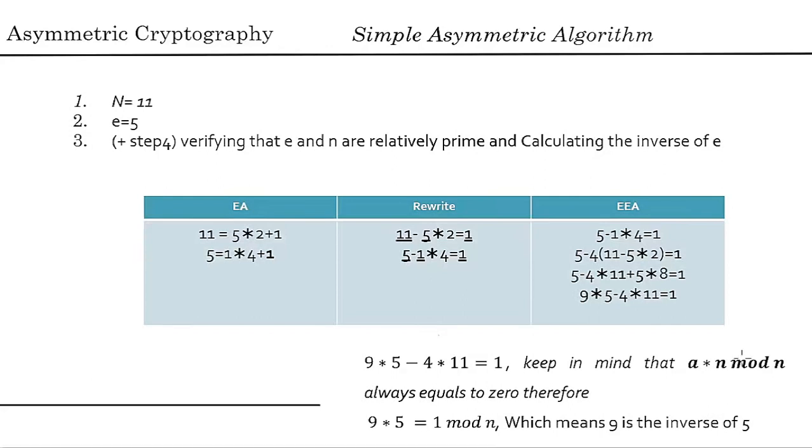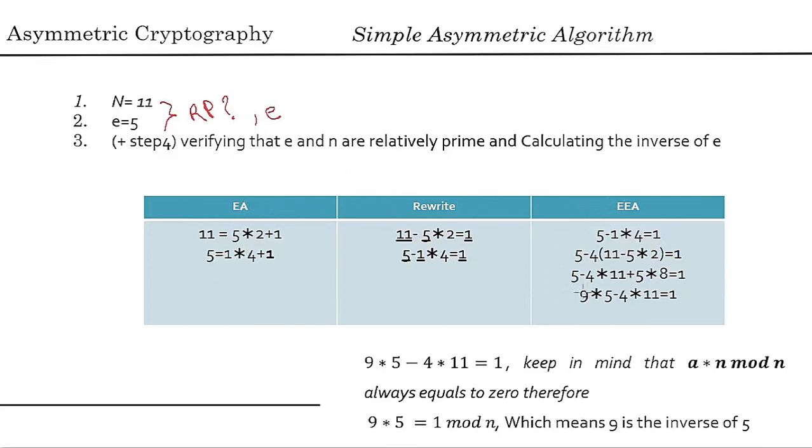Let's have an example. We first start by selecting two numbers, n and e, such that e belongs to n. n is equal to 11, and e is equal to 5. We need to verify whether these two numbers are relatively prime or not. And then we calculate the inverse if they are relatively prime. We do the steps as we explained before.